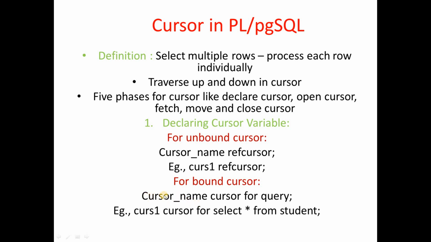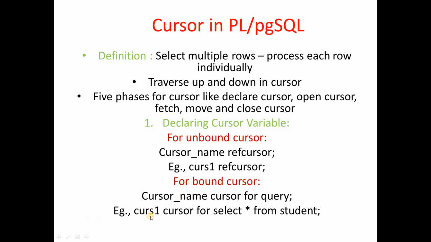First of all, we provide a cursor name, then the type, which is cursor. After that, the for keyword is used, and after for, you can provide any SQL query. That means this is your SQL query, and after executing this query you get some result set, and that complete result set is stored in this cursor name. This is your bound cursor.